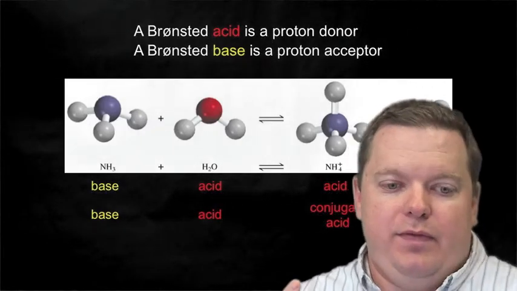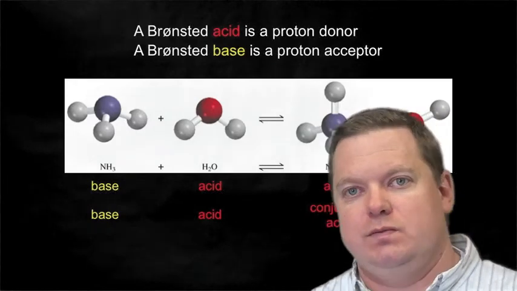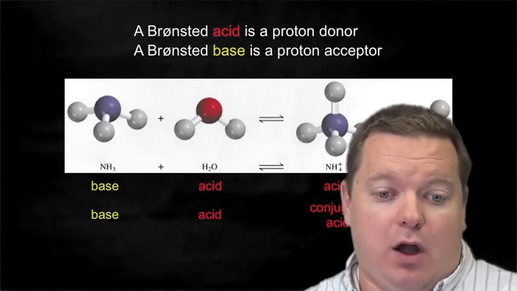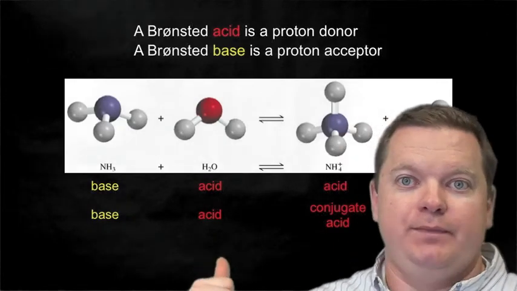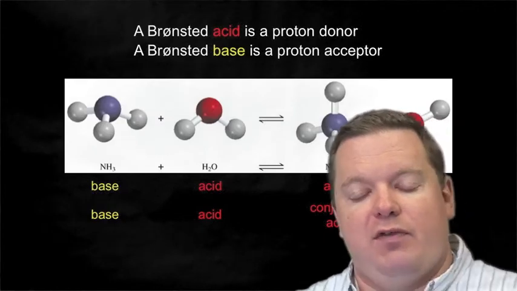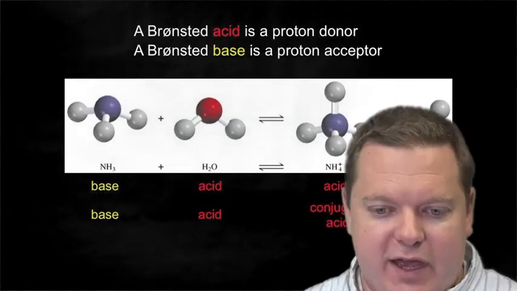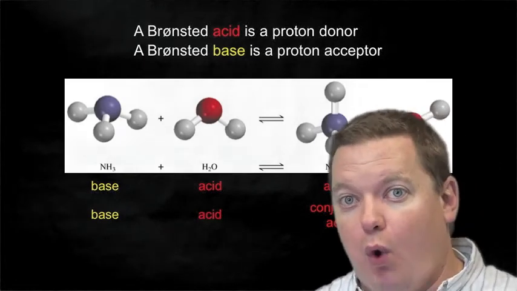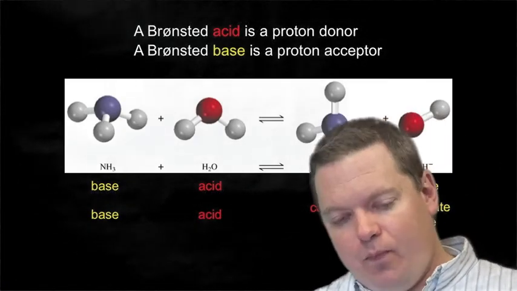So this is a more general definition. All those Arrhenius acids and bases that we talked about are still going to follow this definition. But not all of the Bronsted-Lowry acids and bases will satisfy the Arrhenius definition. This takes that necessity of water out of the equation.